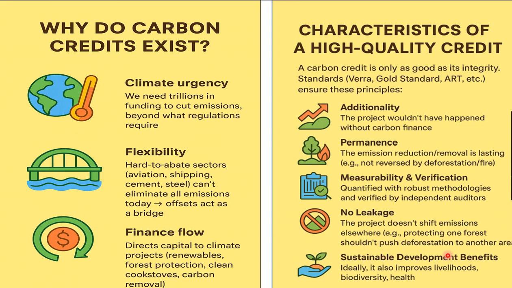Then there should be sustainable development benefits, not just the reduction or removal of greenhouse gas emissions, but the communities should also benefit and livelihood should be created, like in agriculture related projects. Farmers should benefit, soil should benefit, other natural resources should benefit. So these are the characteristics of a high quality credit.